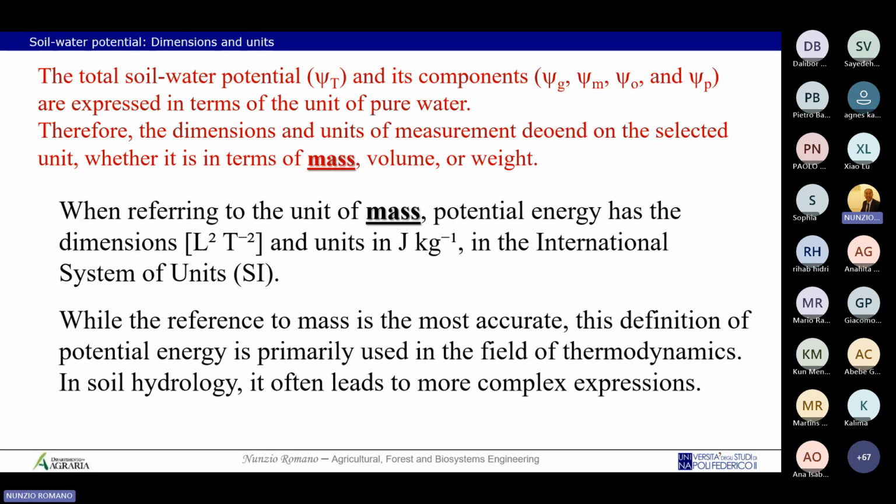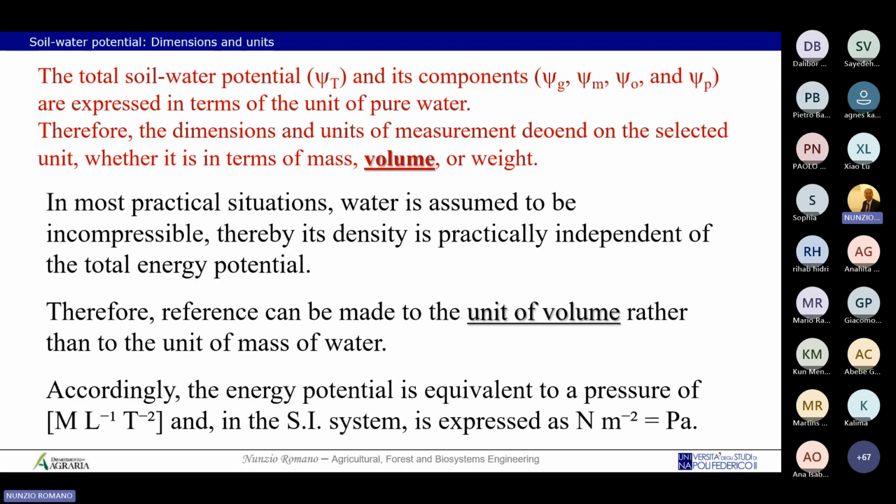So this is why the chemistry people refer to the mass. But from the technical, practical point of view, it's very interesting what happens if we associate the soil water potential to the volume of water.